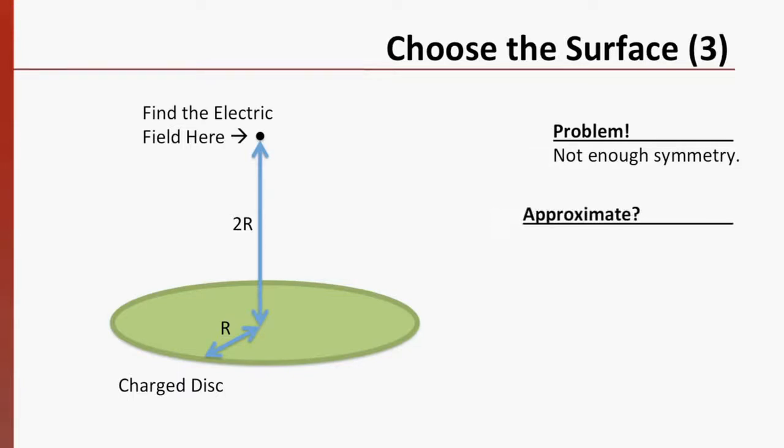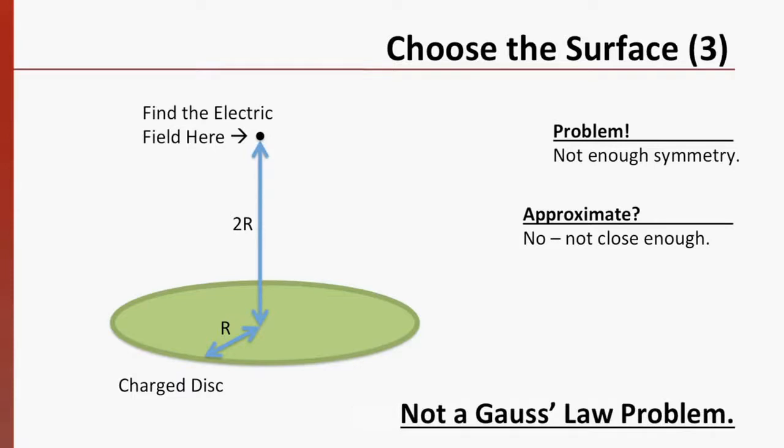If we can't get an exact solution, we would like to approximate the field. Unfortunately, if we look at the distances involved, we are not close enough to the disk to make a good approximation. In the end, this is not a good Gauss's law problem. It is solved much more easily through other techniques, such as integration and Coulomb's law. An example can be found in the supplemental materials for this video.